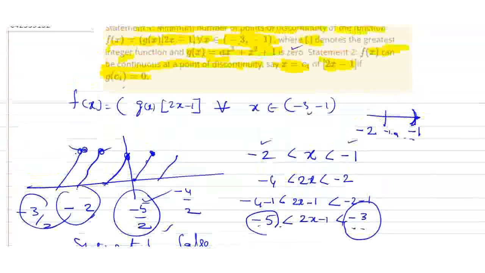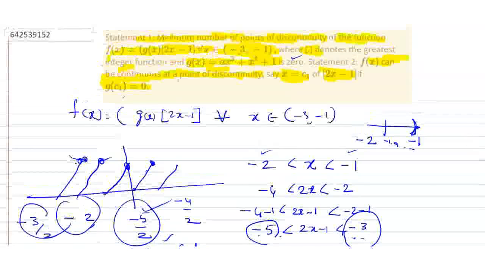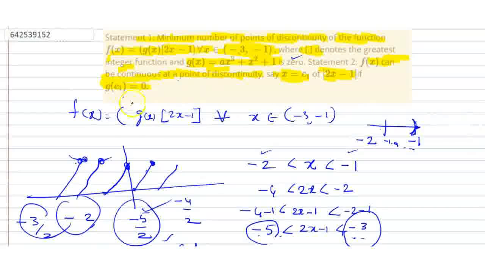So gc1 is 0 means what? At this particular point, say at c1, if gx is equal to 0, this function is continuous, gx is a continuous function. And if you are able to find out one value of c1 which will satisfy this, that means fx is continuous there.